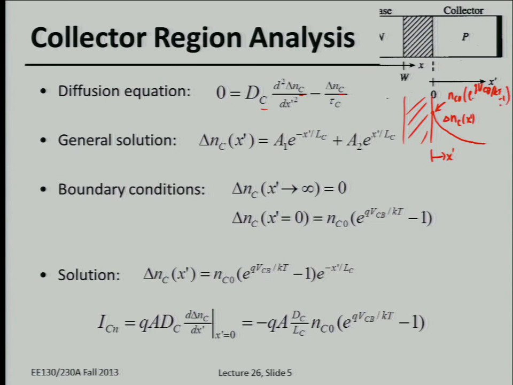So you assume, again, that this is a long collector, so it goes to 0 far away from the depletion edge. And so this is the solution, an exponentially decaying function. And you can take the derivative to find ICN. Pretty straightforward.